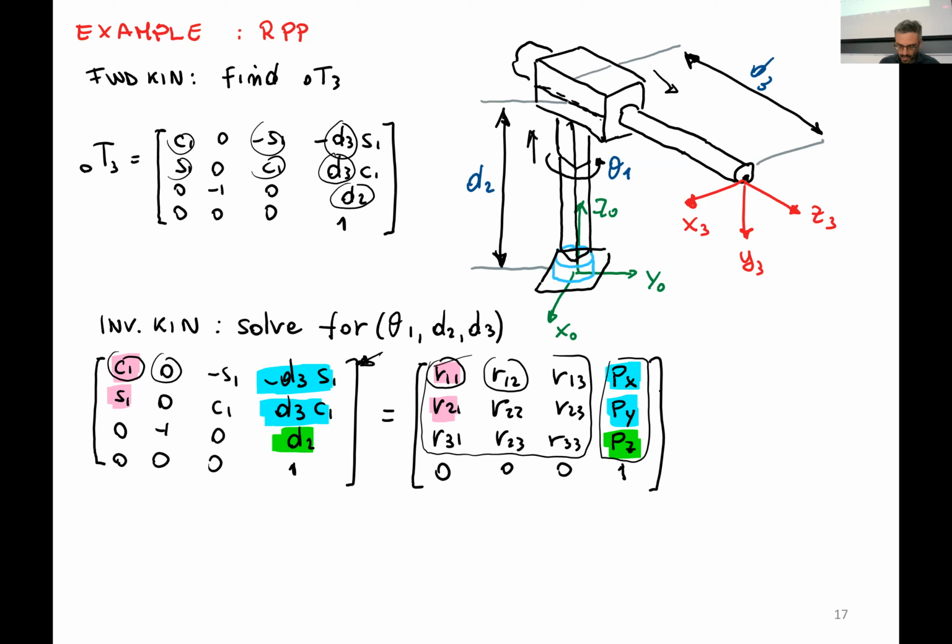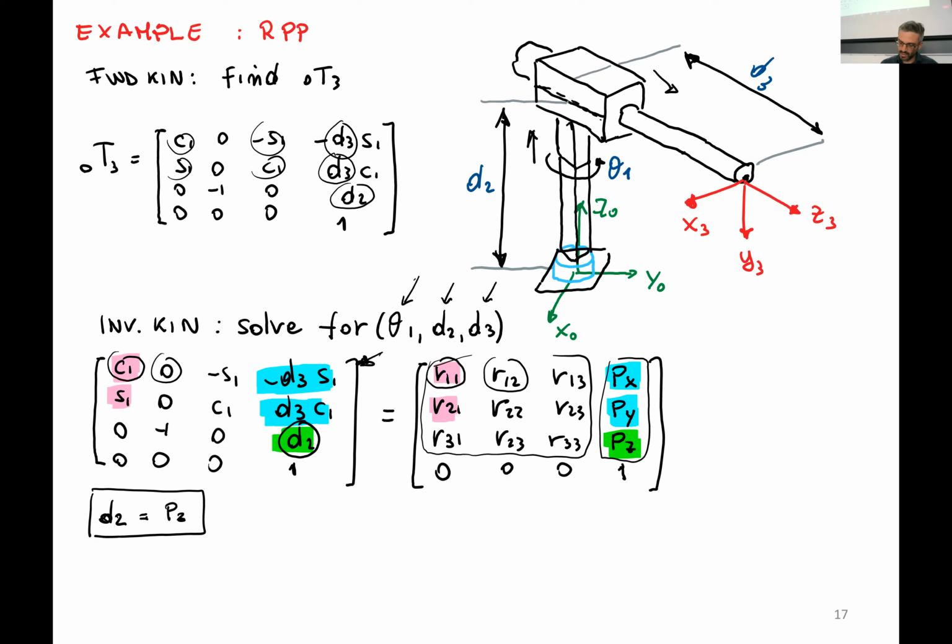For example, we can see that the value of the second prismatic joint is equal, in this case, to Pz. So our target is to find the value of theta 1, d2, and d3.